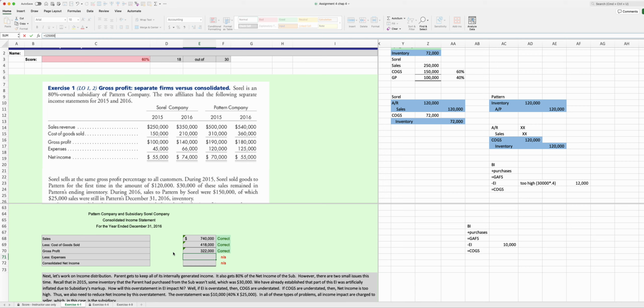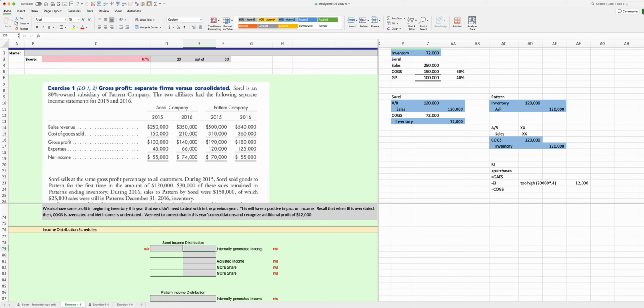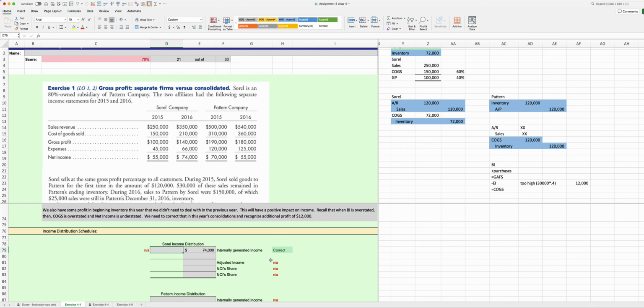Again, we can do the income distribution schedule by starting with the subsidiary's internally generated income, which in this case is 74,000. And what did we have to subtract from that insofar as cost of goods sold is concerned?